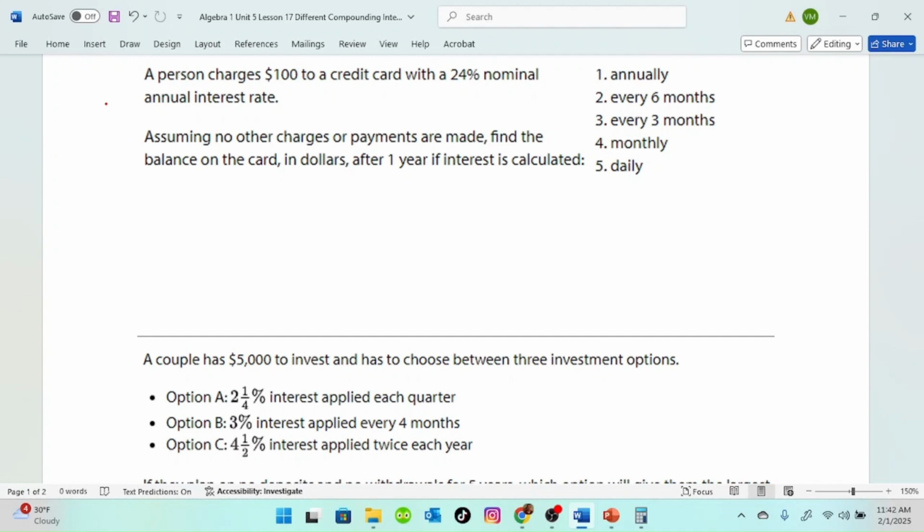So there might be some terms here that I need to help you understand. When we say 24% nominal annual interest rate, this means total interest rate for the year.